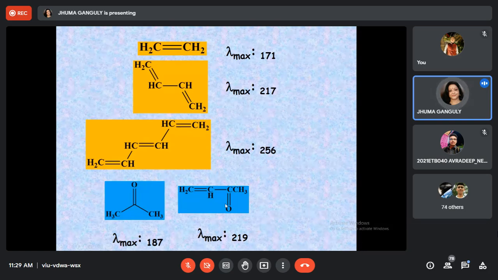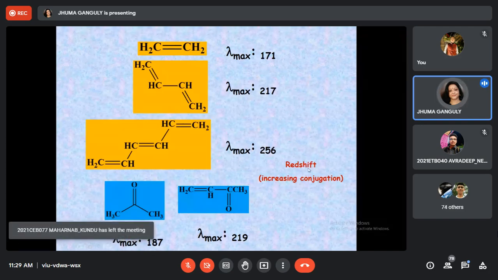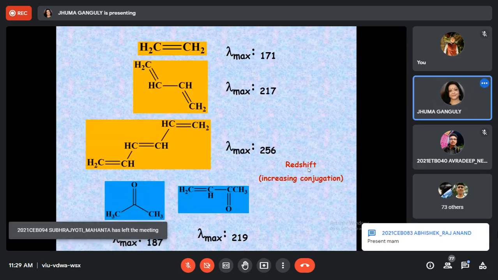So conjugation very much influences the value of lambda max, and it varies from compound to compound, with their structure and functional group. In each case a red shift happens with increasing conjugation. Clear? Red shift example.